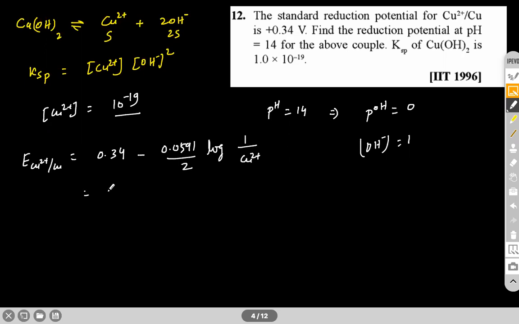Okay, all the values you can substitute here. 0.34 minus 0.0591 by 2 log of 1 by Cu2 plus, which is 10 to the power 19. So when you solve this, you'll get around minus 0.22 volt, right? This is the answer for this question.